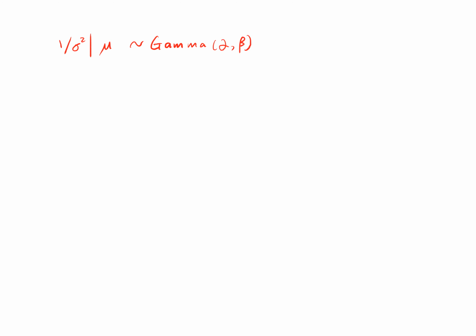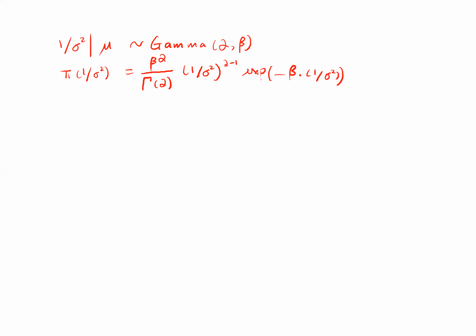That means the prior density is beta to the power of alpha, over the gamma function of alpha, times 1 over sigma squared to the power of alpha minus 1, times the exponential of negative beta times 1 over sigma squared. So that's what the prior is.